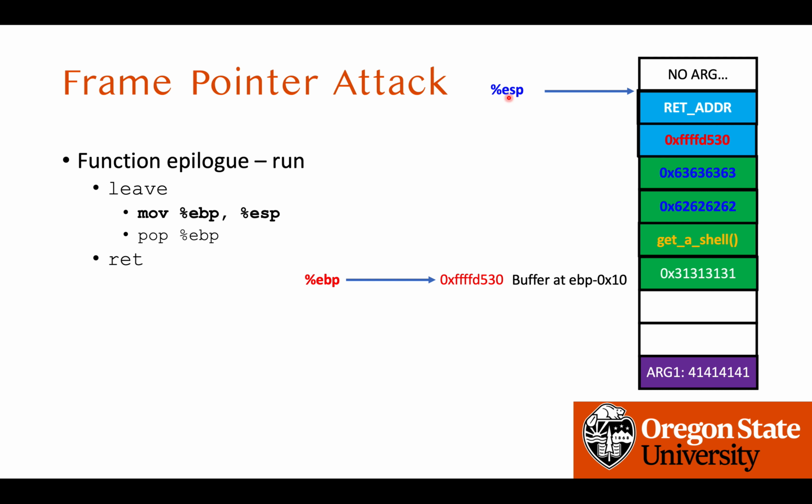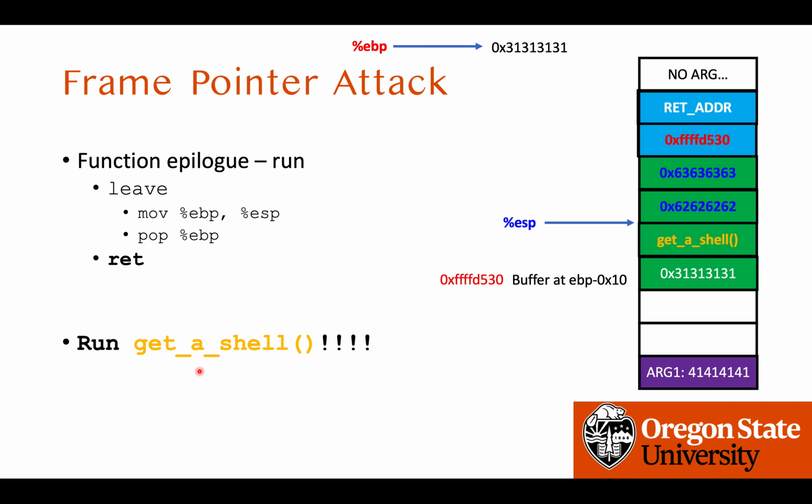So it will move ESP down to EBP, which is weird, and then pop EBP. So EBP will point to the 31313131, but ESP will point to the buffer start +4. And because we put the address of the function get shell here, then it will return to the get shell function.